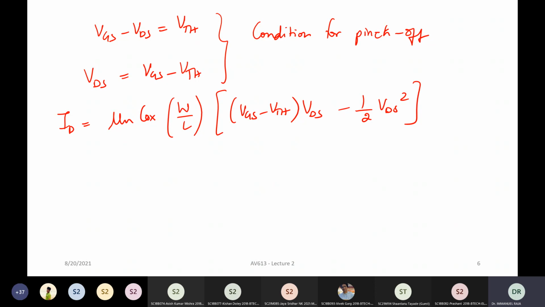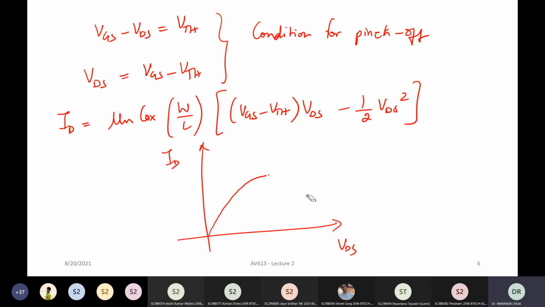So it is literally a parabolic expression. If you plot it across VDS and look at ID, it's basically going to look like a parabola.